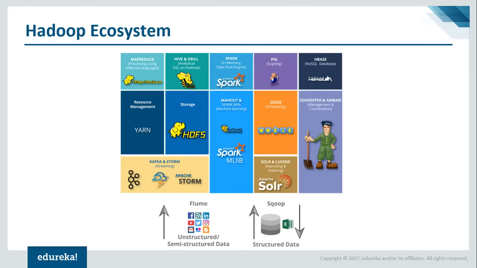So first, let us talk about MapReduce. MapReduce provides the logic of processing. In other words, MapReduce is a software framework which helps in writing applications that process large data sets using distributed parallel algorithms inside the Hadoop environment.